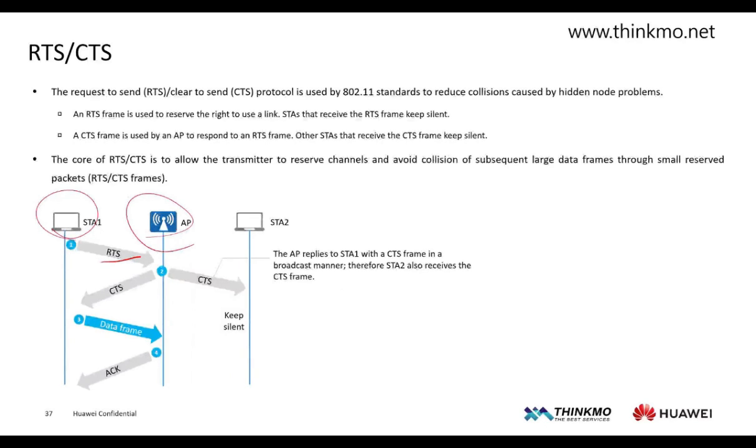it will respond by sending a frame called CTS, which stands for Clear to Send. This CTS frame is not sent individually, but is broadcasted so that other nearby devices, such as other terminals, PCs, or phones, after receiving the CTS frame, will remain silent to avoid interfering with the data transmission of Terminal 1.